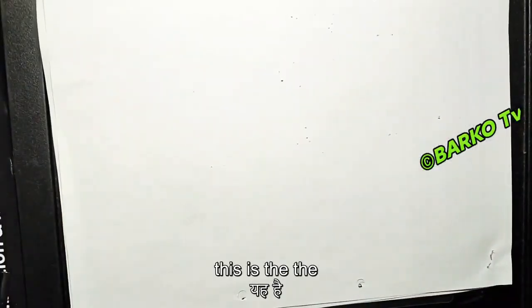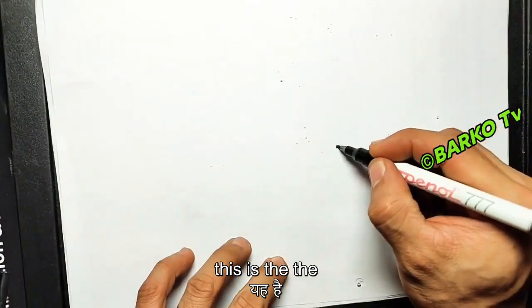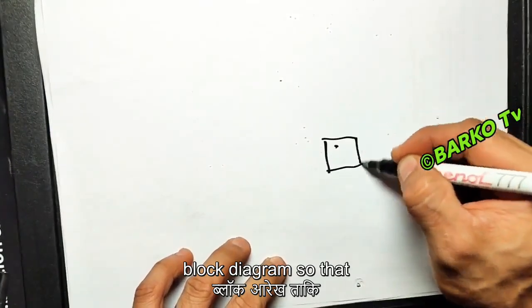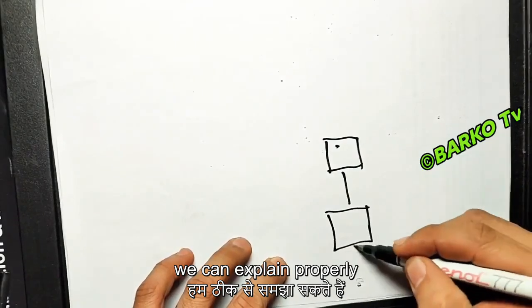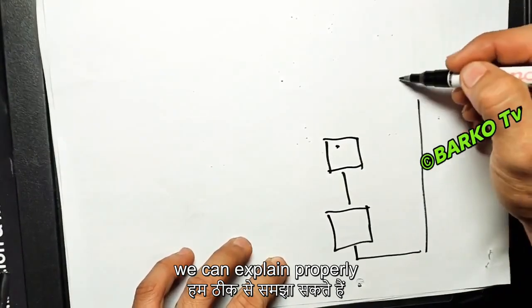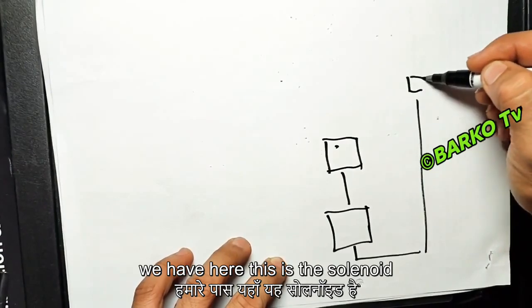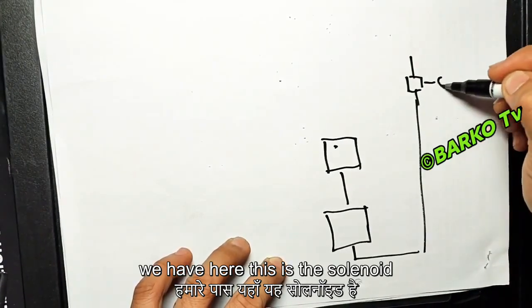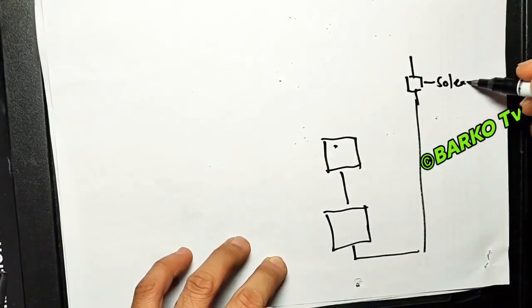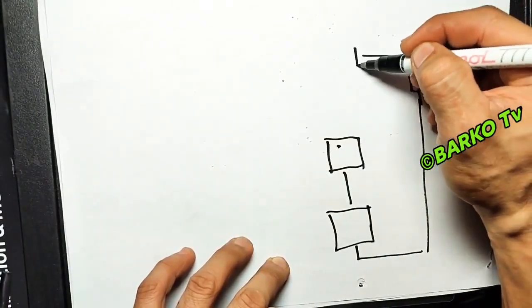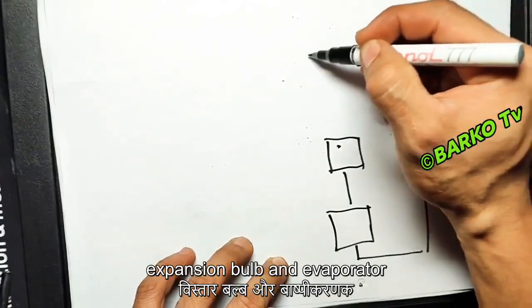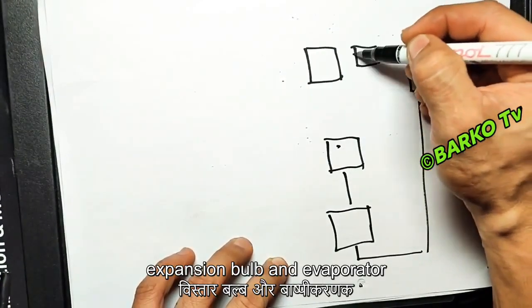This is the block diagram so that we can explain properly. We have here, this is the solenoid. Expansion valve and evaporator.